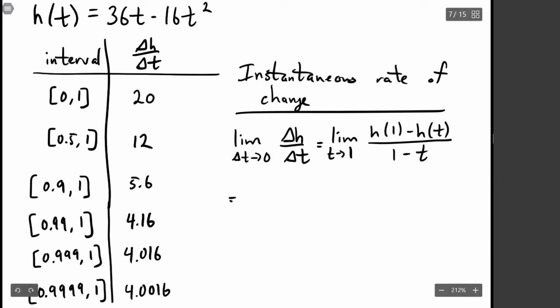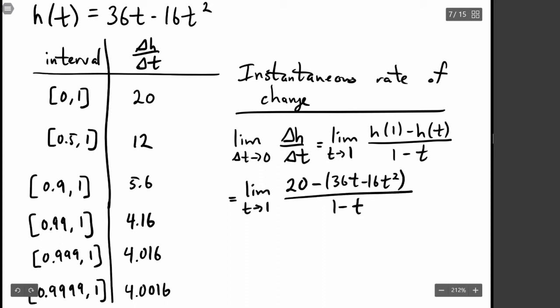So let's go ahead and do this. The limit as t goes to 1. Let's plug in 1. That'll be 20, and then minus 36t minus 16t squared. All this is over 1 minus t.